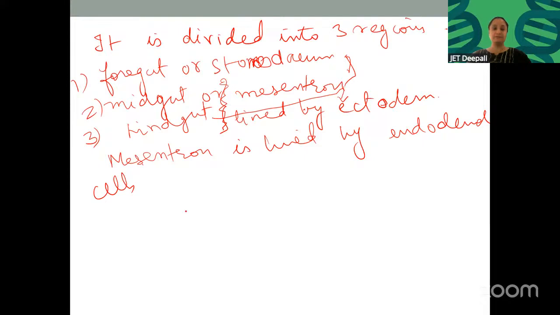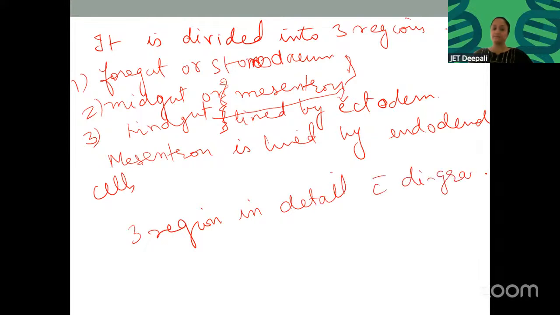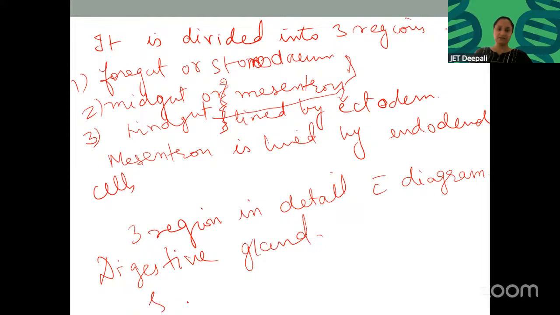So what else will you write? The three regions in detail with a diagram. And these three regions, foregut, midgut, hindgut, are very important. Then you will write the digestive glands of cockroach, and then write the salivary glands of cockroach.